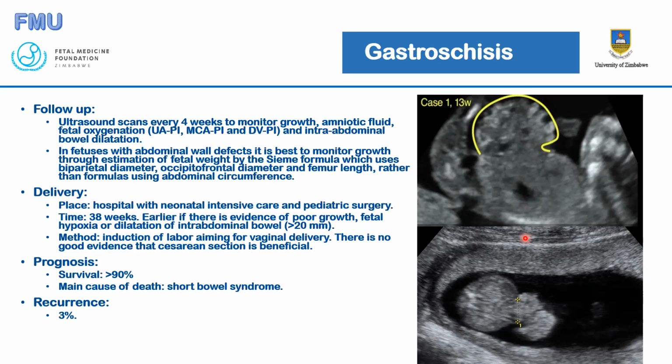The method is induction of labor, aiming for vaginal delivery; there is no good evidence that cesarean section is beneficial. So if gastroschisis cases are not growth restricted with evidence of hypoxia, they can be induced and delivered naturally if there are no obstetric contraindications.